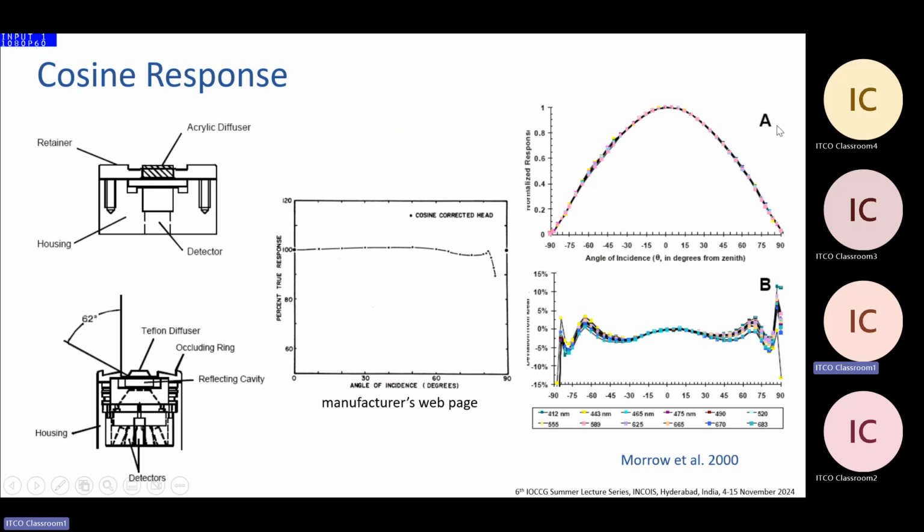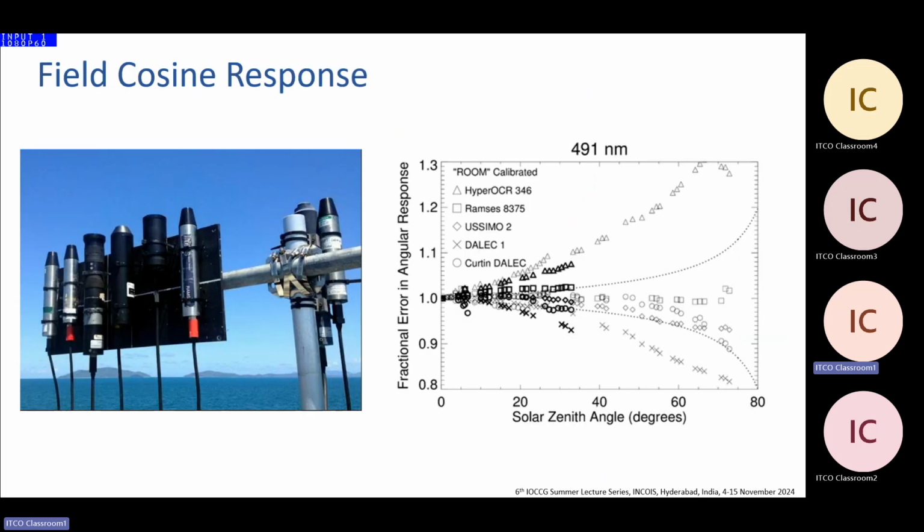And ideally, you want to have a cosine response like the one you have on this plot on the top right. But then you can check this in the lab and derive some kind of uncertainty or corrections for the non-perfect cosine response of your sensor.